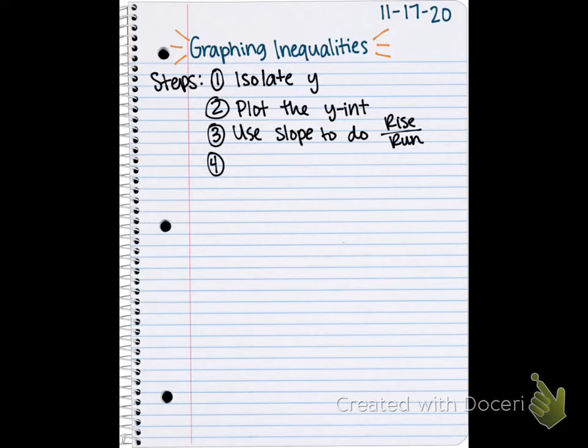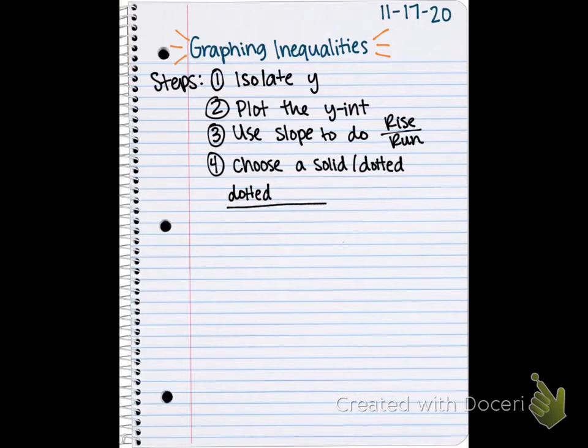Step 4 is to choose whether you're going to have a solid or a dotted line. The way you decide that is depending on what inequality sign you have. If you have a less than or just a greater than sign, that would be a dotted line. So let's draw a little table here.